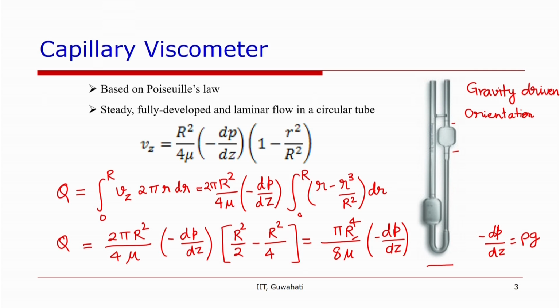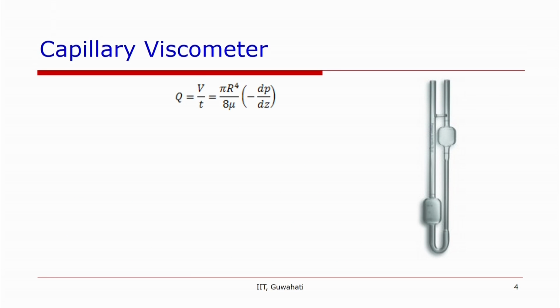So one can see that Q, which can be written as V over T, where V is equal to the volume of fluid. Generally in a viscometer, the volume is fixed between these 2 points, so the volume is fixed.